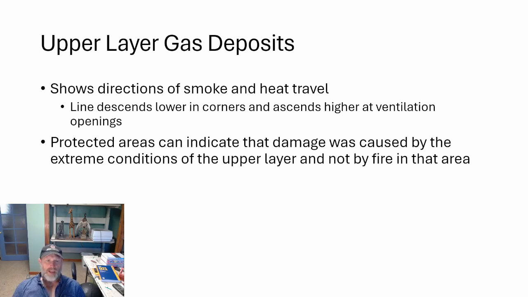Another thing to keep in mind, protected areas can indicate the damage was caused by the extreme conditions of the upper layer and not by a fire in that area. So if you're in an area that's all sooty, keep in mind that if you had a fire that was uniformly hot, such as flashover conditions, you could inevitably have extensive damage.